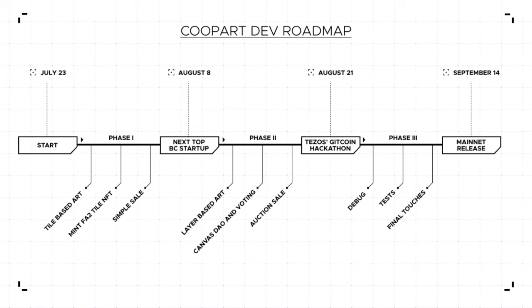Now, phase 2 will soon include the Canvas DAO and voting system discussed previously. It will also have auction sales for canvases. Finally, I also plan to add a second form of cooperative art development that is layer-based instead of tile-based. Here is an example.